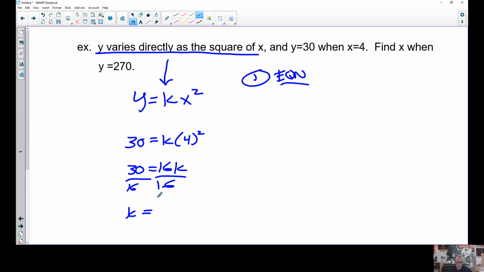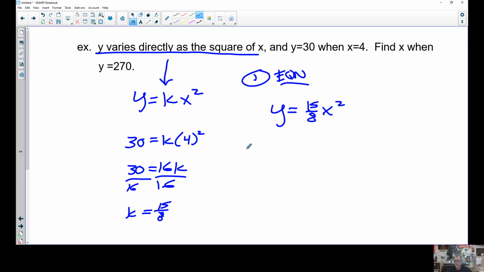So k equals 15/8. So we have our equation. Our equation is then y equals 15/8 x squared.